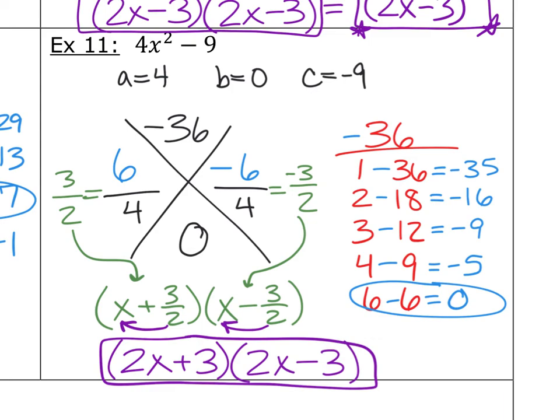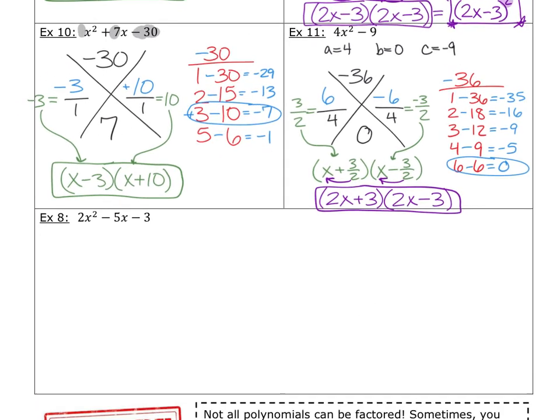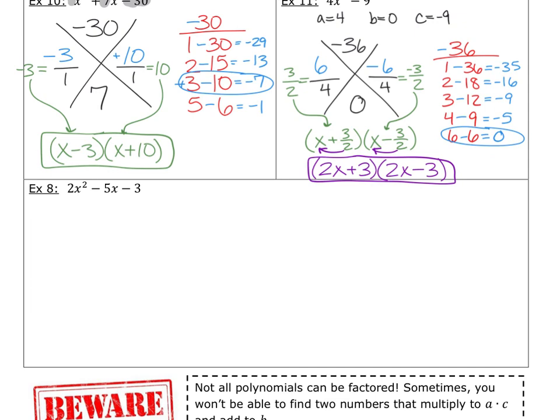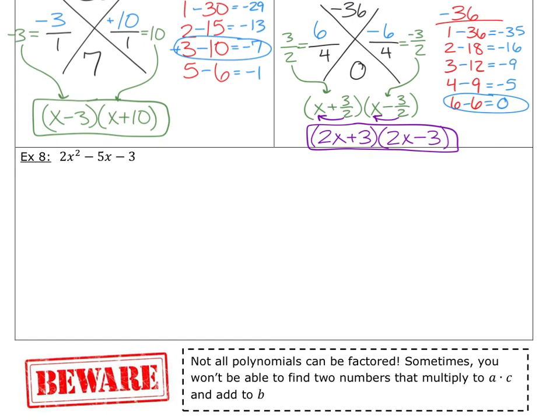Okay, so what we're going to do on number 8. This one's for you. I gave you extra space in case you needed to erase and try again or write really big. This one is for you to try, and we're going to be coming around and looking for very specific things while you work.